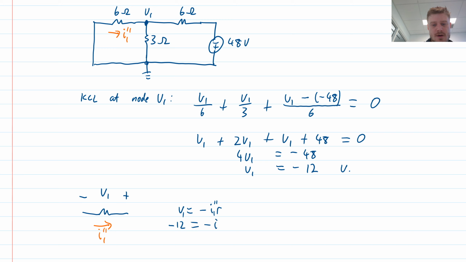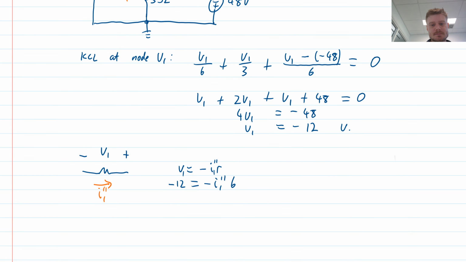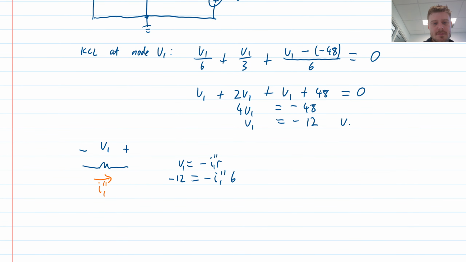We have negative I1 double prime, and our resistance is 6 ohms. So therefore, cancelling the negatives on both sides and bringing the 6 to the other side, I have I1 double prime is 12 over 6 is 2 amps.